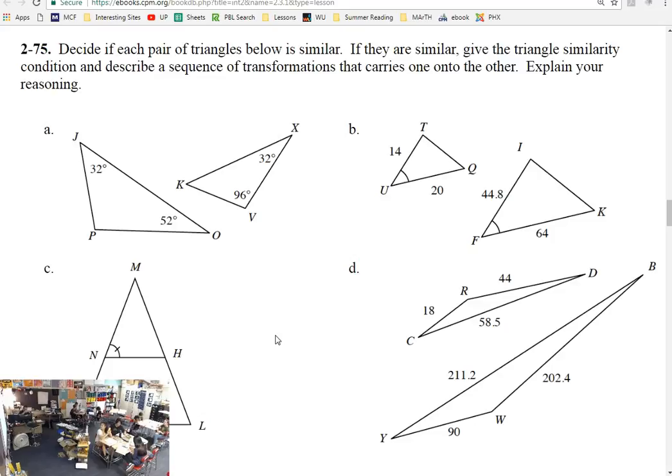Wait, so for all of these, can't we just say dilation and reflection? I mean, if they're similar, so that's saying some of them might not be. Then describe the sequence. So some will need a reflection where others would not. Some would need a rotation instead because they line up, but just one is a different orientation.